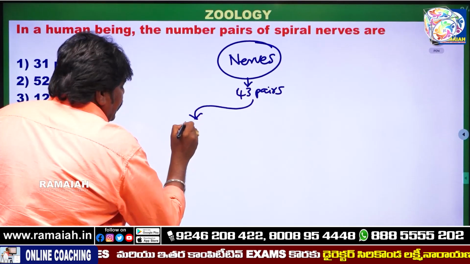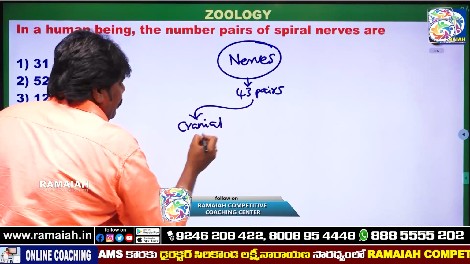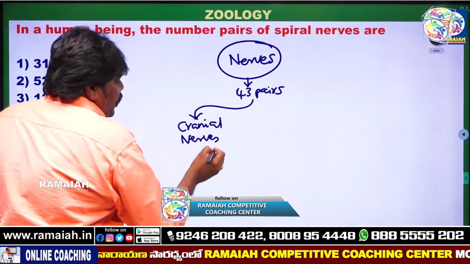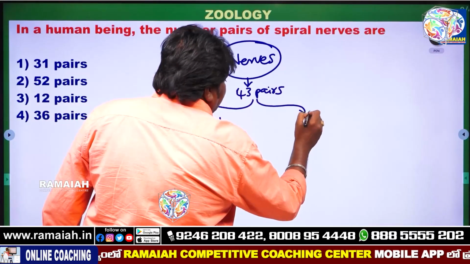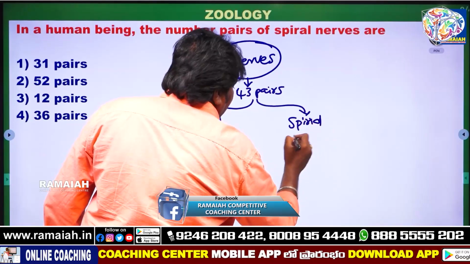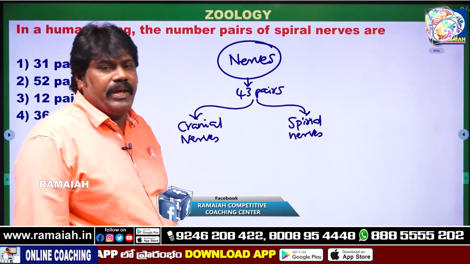They are called cranial nerves. Cranial nerves means they arise from the brain. The second one is spinal nerves. Spinal nerves means they arise from the spinal cord of the human being.